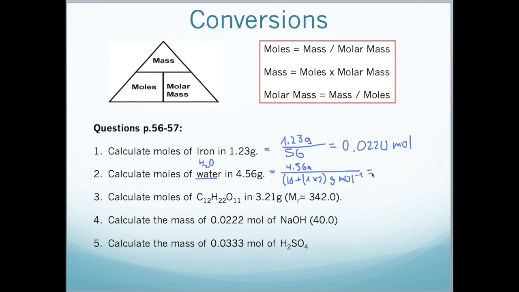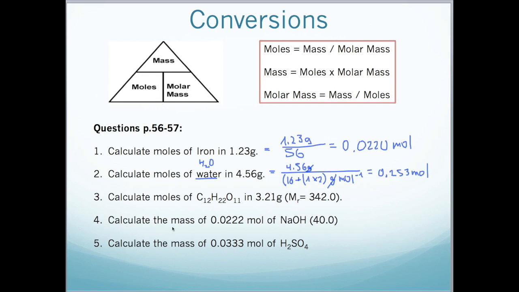So when we divide those, we get 0.253. Also, to double check your units, you can see we've got grams at the top and at the bottom. Because they cancel each other out, we only have moles left. That just confirms the units.